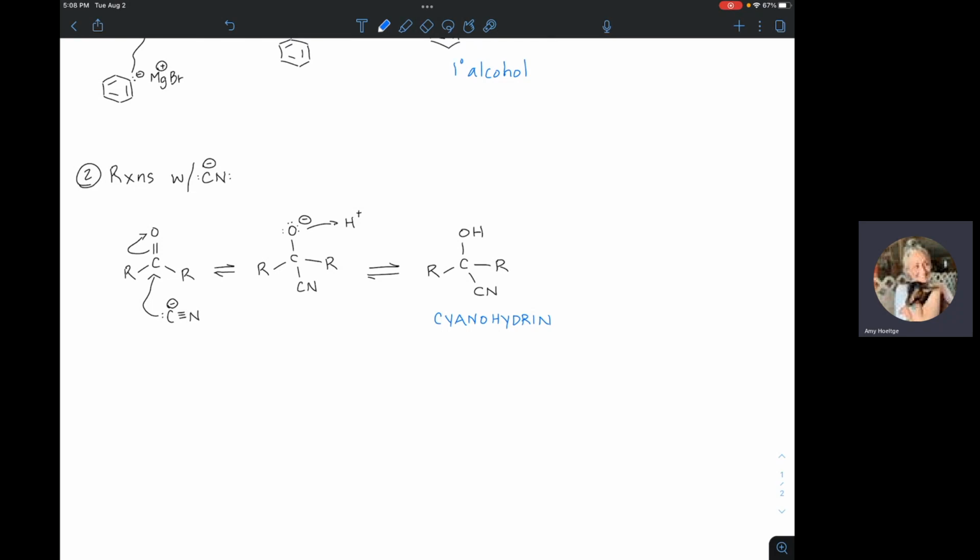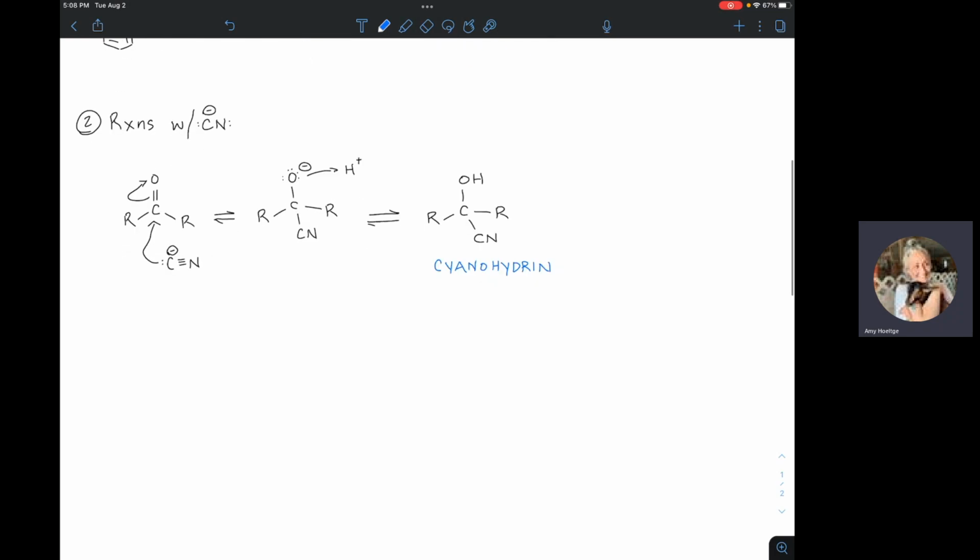If I heated up the cyanohydrin under aqueous acidic conditions, I can create a carboxylic acid. I can reduce them. I can do a catalytic hydrogenation to turn the carbon triple bond nitrogen into an amine. So there's a variety of different functional groups that we can actually get from that piece of functionality. So that makes that pretty useful for us.